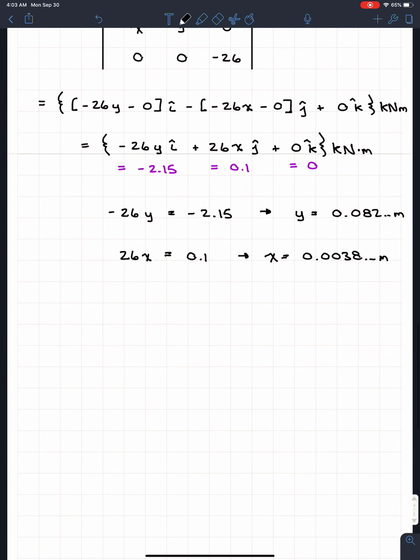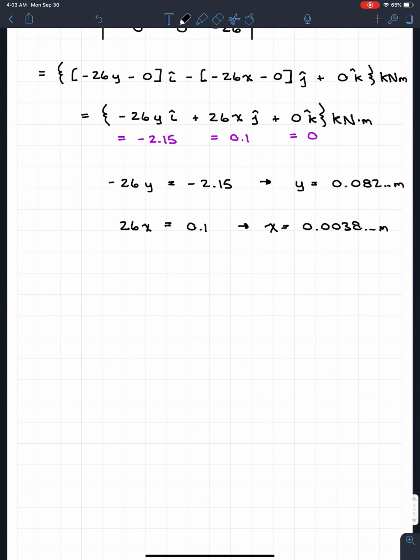So those are actually our final answers, because it asked where on the xy plane this would be to create the resultant force. Let's make them nice and in order, so we know that x is equal to something, y is equal to something. I don't like the 0.000 blah blah, so I like to convert it to millimeters in this case, to make it a little bit nicer.